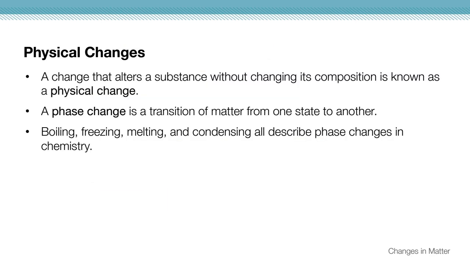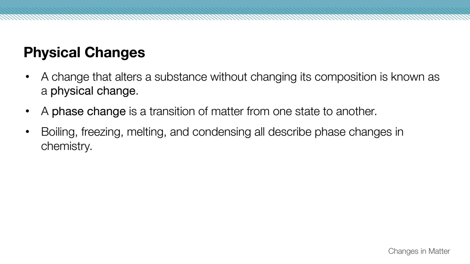So now we're going to talk about physical and chemical changes. If you have an understanding of what physical and chemical properties are, it's easier to understand the changes. Physical properties, remember, don't change the composition. They don't change what the substance actually is. So if you have a physical change, that's the same thing.